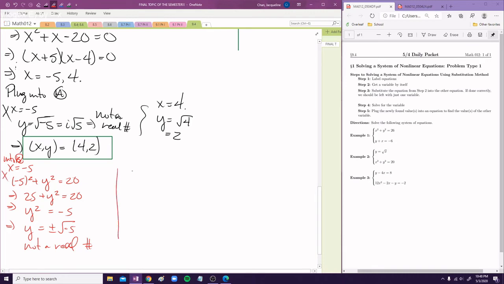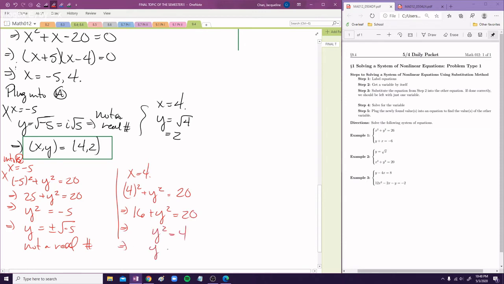So this is still not a solution. But let's look at x is equal to 4. When x is equal to 4, we get 4 squared plus y squared is equal to 20. Then I get 16 plus y squared is equal to 20. So we have y squared is equal to 4.